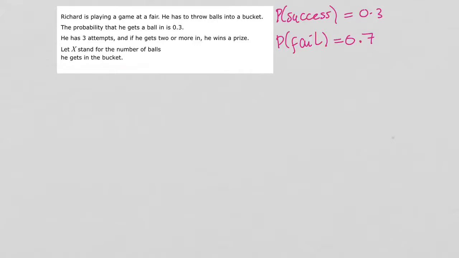Brilliant. Okay, so what we've got here is a random variable. So x is a random variable. It's actually a discrete random variable because the data can only take discrete values.